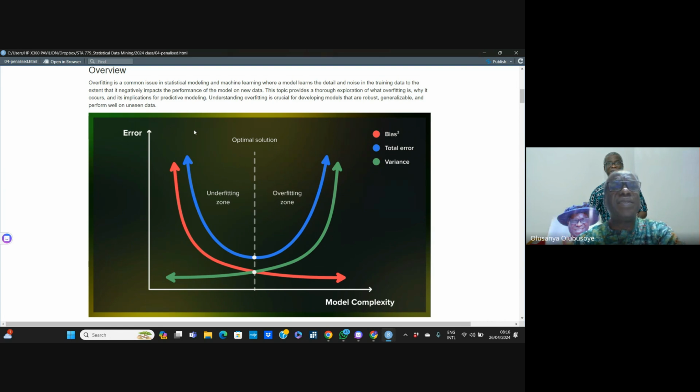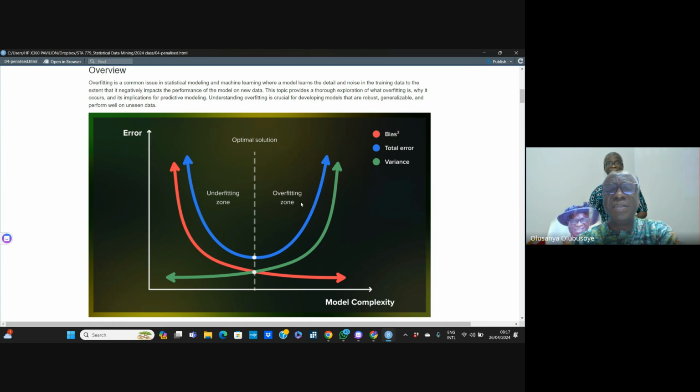So therefore, this technique, penalized regression, one major goal of using it is to avoid overfitting.